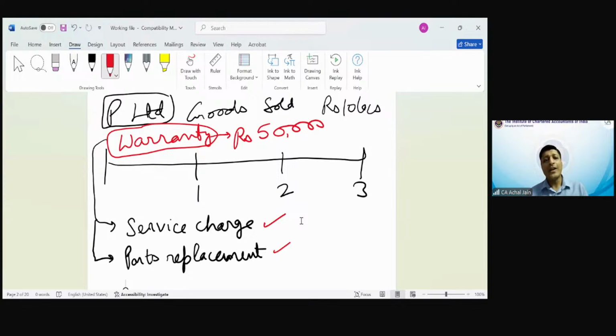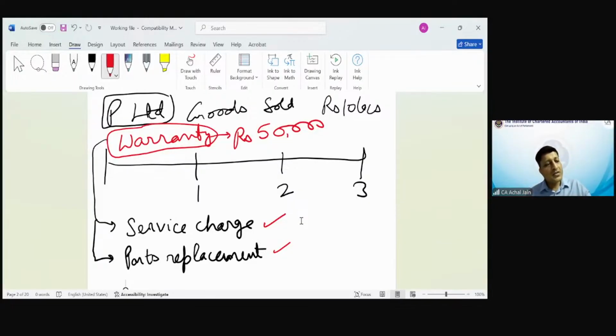One can always say that this warranty should have been rupees 50,000. Another person may say that this warranty should have been 55,000. When you move, this movement has to be within a range.